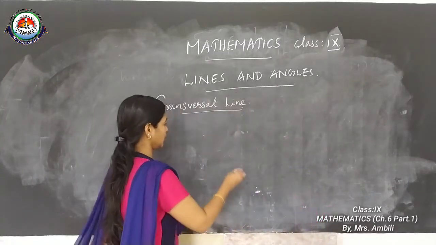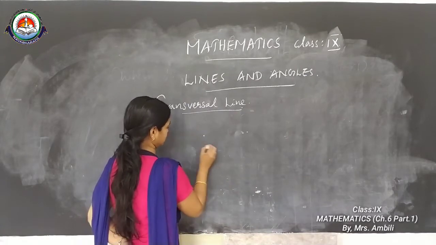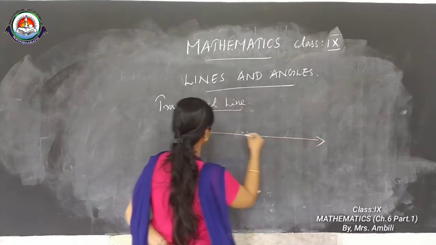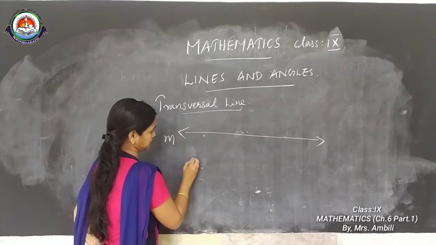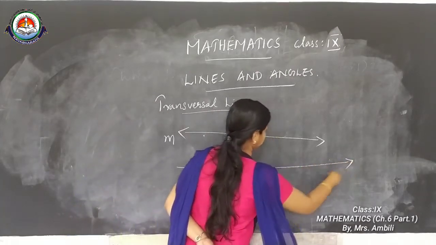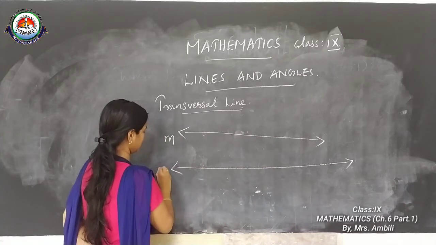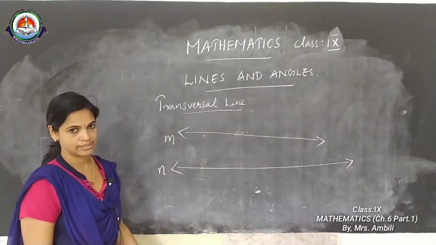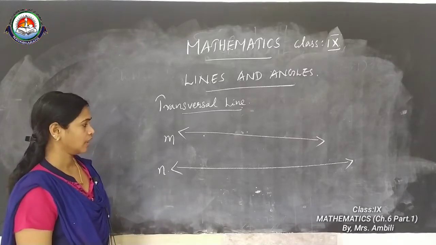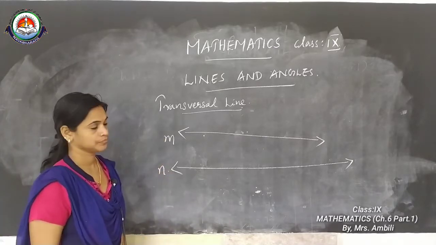So, here I will draw two lines, line M and line N, not parallel lines, any two lines.